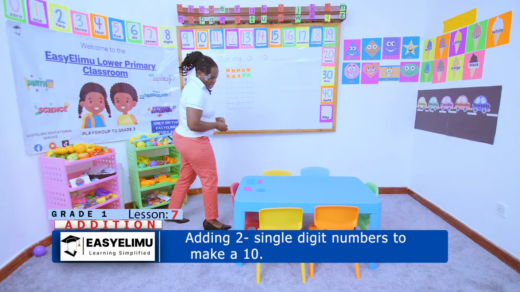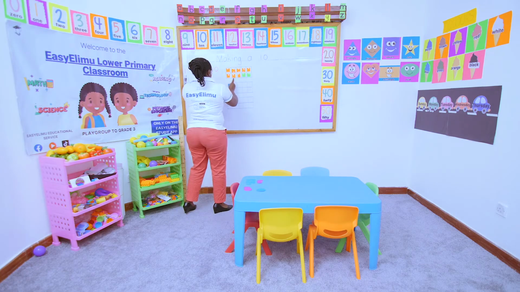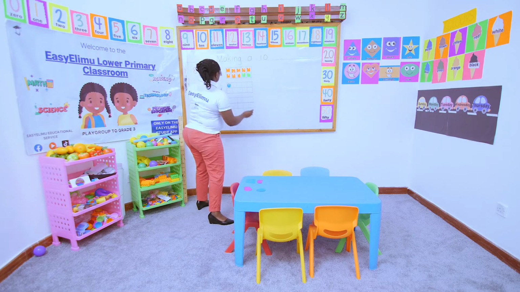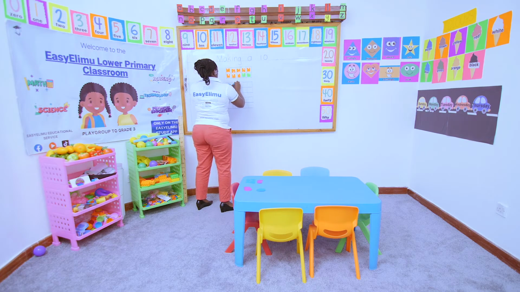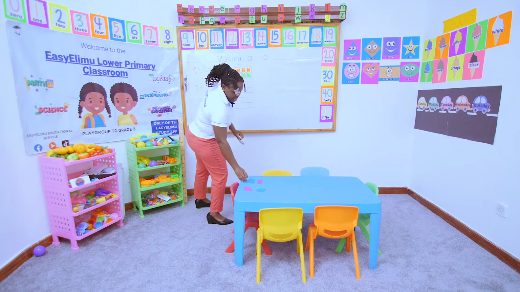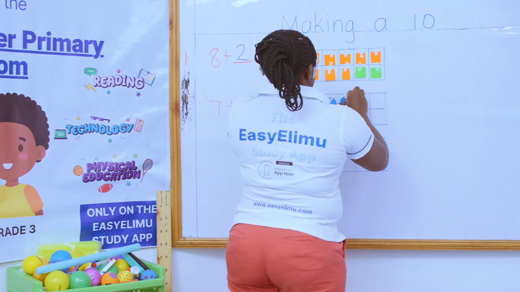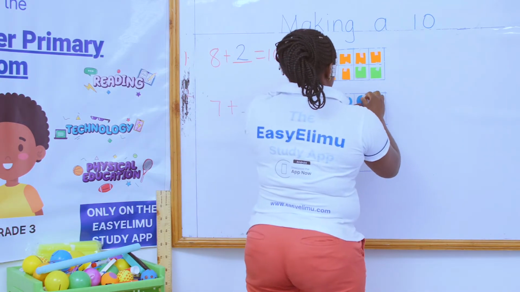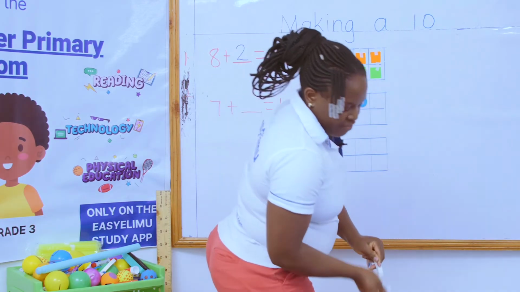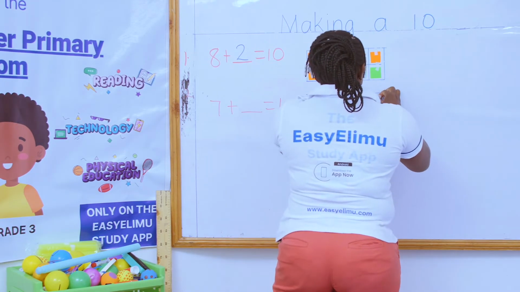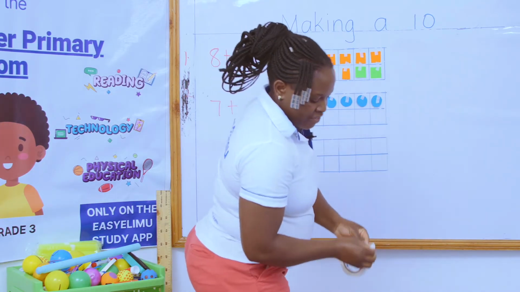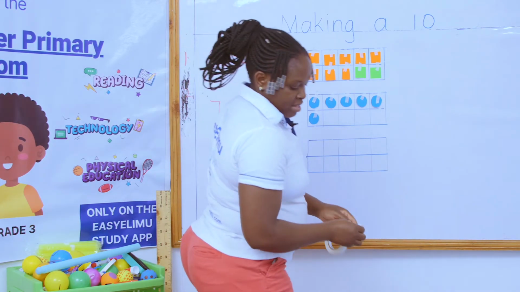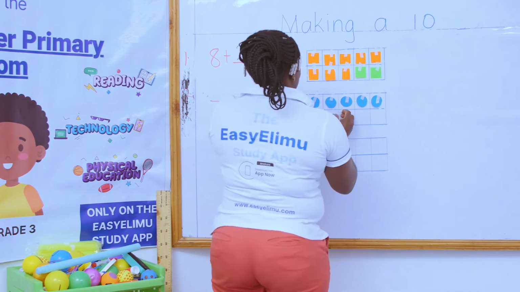So I will put my 7 counters as expected. 1, 2, 3, 4, 5, 6, 7. So how many counters do I have here?